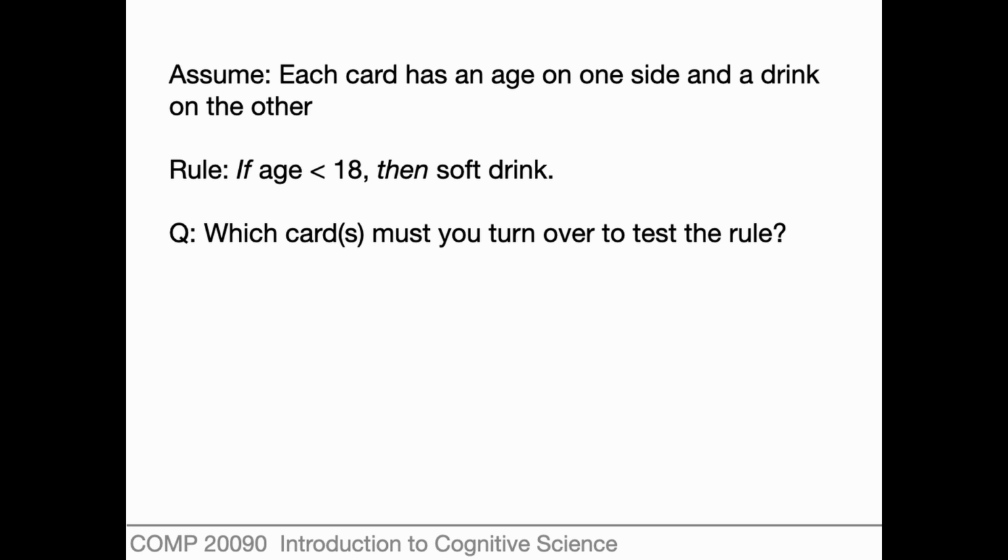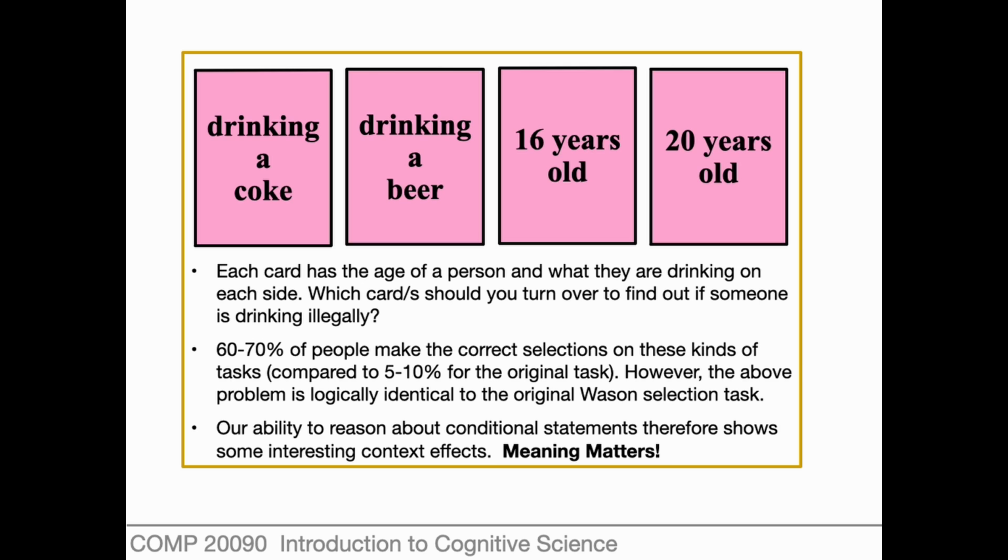So supposing we've got 4 cards, and instead of vowels and odd numbers, each card has an age on one side and a drink on the other side. And you're walking into a pub and your job is to determine who you have to check. Our rule is, if you're under the age of 18, then you must have a soft drink in front of you. So which ones do we have to check in the pub?